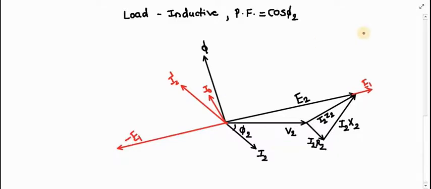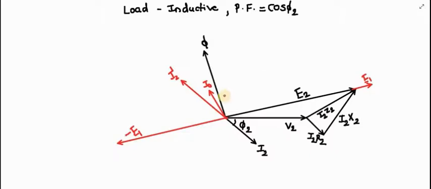Now how to draw the I1? Come to this equation. What is I1? I1 is nothing but the vector sum of your I2 dash and I0. So let us take the vector sum of I2 dash and I0.